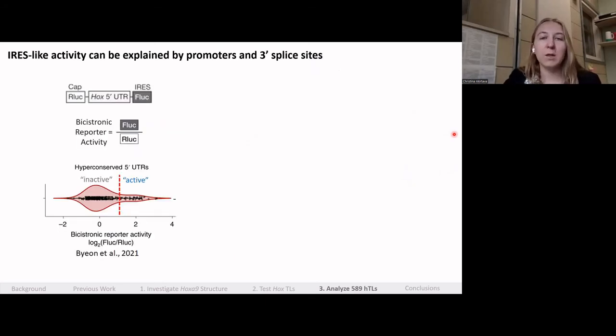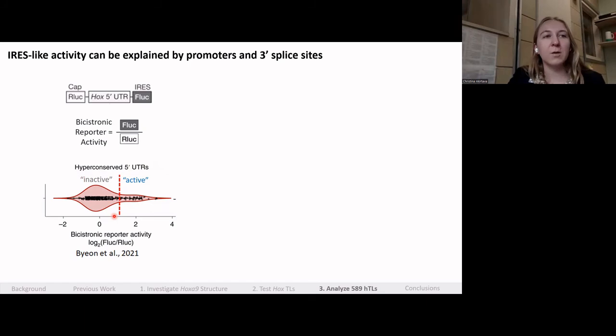To evaluate the false positives in their studies, which were identified using bicistronic reporter assays, I next wanted to compare their active versus inactive groups. For example, this was the 90 TLs they identified as having significant IRES activity versus the group they labeled as inactive.